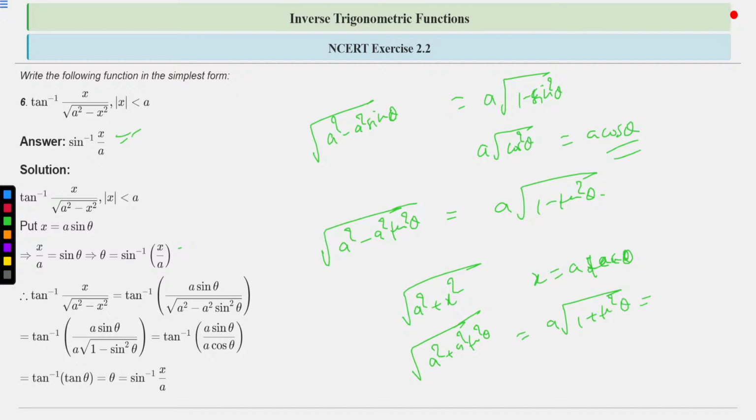And we know that 1 plus tan square theta is sec square theta. Therefore, it will come to a sec theta in the simplified form, right? So while substituting, you must make sure that after substitution the expression becomes simplified. Otherwise, we will go nowhere, isn't it? Hope you all understood, right?